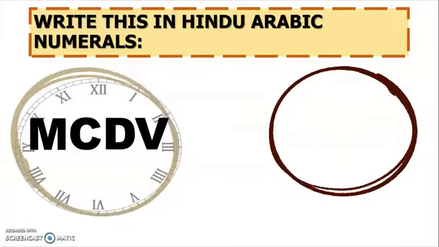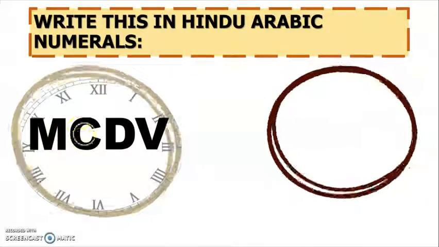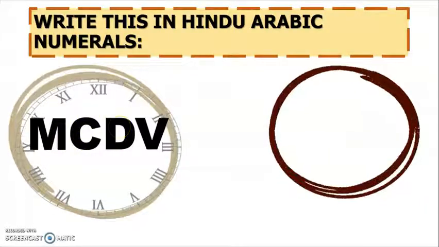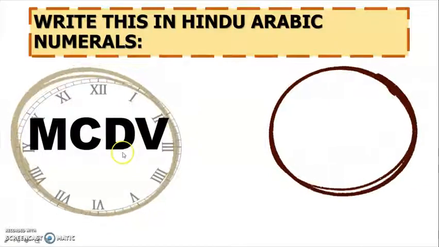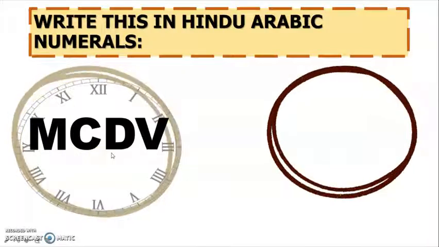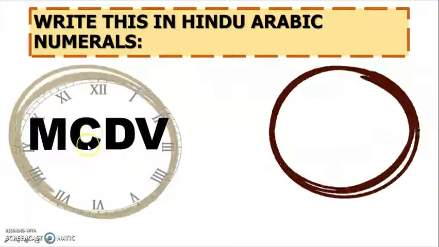Another one, MCDV. So M is equal to 1000 plus C. M is larger than C, so you can add that. But C is smaller than D, you cannot add that. So first thing to do, you have to find which value will be subtracted first, then add to the following values. So C is smaller than D. This is 100. This is 500.